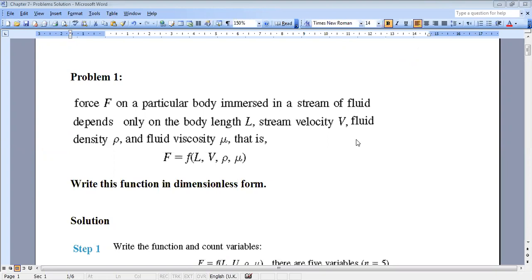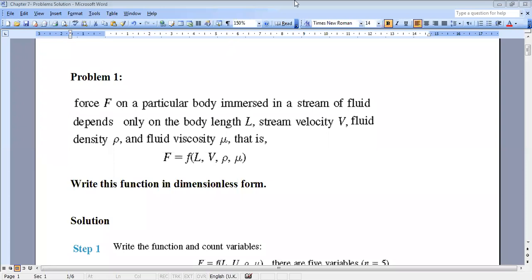Okay, so the whole idea is that when you do experiments, instead of varying all variables, if you come up with dimensionless groups, you can just vary the groups and come up with results that can be generalized to any case. So in problem 1, for example, a force F on a particular body immersed in a stream of fluid depends on the body length L, the stream velocity V, the fluid density ρ, and the fluid viscosity μ.